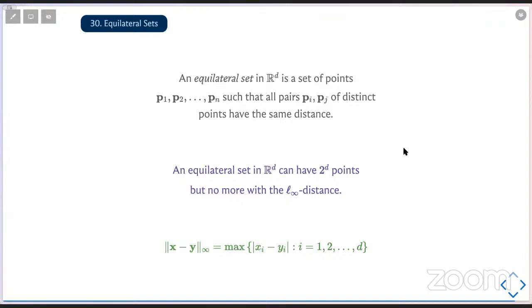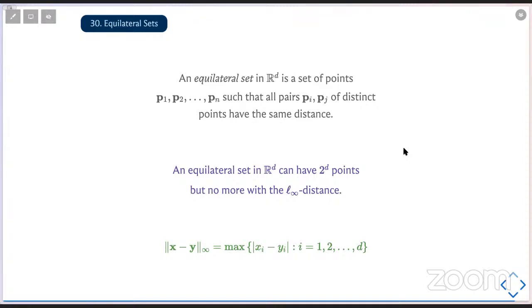I don't have a proof that you cannot do better than this, but maybe we can come up with an example of 2 to the d points which actually have this property. One place to start would be to work with the standard basis. And 2 to the d as a number should already be suggestive.